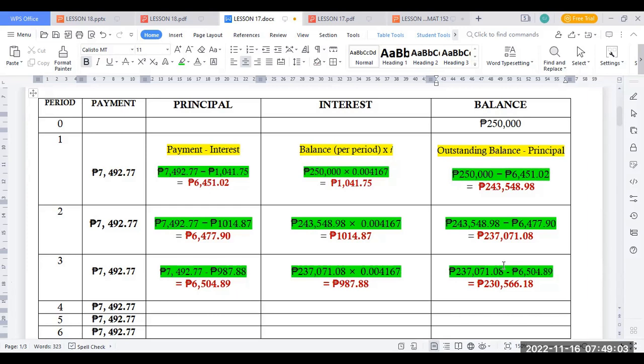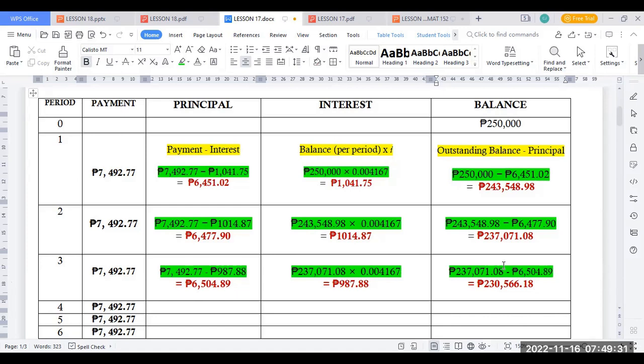Kasi monthly kaya nag-divide tayo ng 12. Pero kung hindi po monthly ang term nung loan, kung annually, so kung ano yung interest na given, yun na yung gagamitin ninyo. Kagaya nung nasa activity ninyo dyan. Hindi na siya nag-divide by 12. And given naman that is fixed interest. Sinabing fixed, okay? So hindi siya mababago.